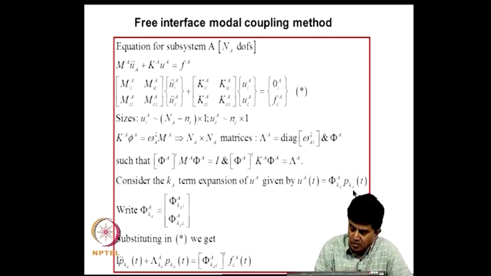Now, just as U has been partitioned as interior and coupling degrees of freedom, and just as it has induced a partitioning of stiffness and mass matrices, it also induces a partitioning of modal matrix, that is written here. Now, we substitute this in this equation and use the orthogonality relation, I get the equation for subsystem A in this form.